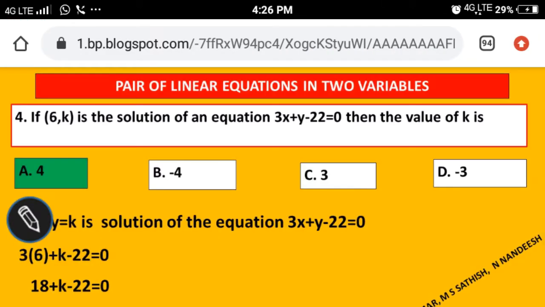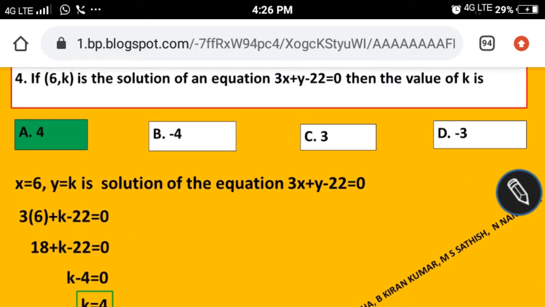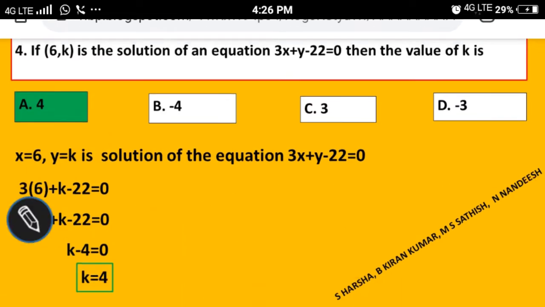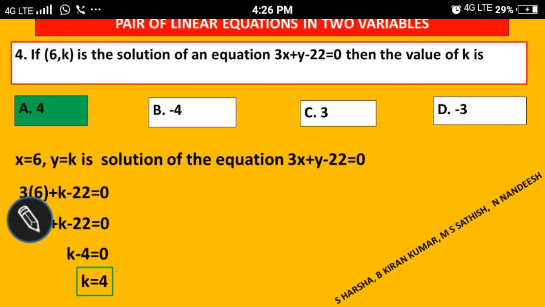So x equals 6 and y equals k, we have to substitute in the given equation, that is 3x plus y equals 22. 3 sixes are 18 plus k equals 22. So k equals 4. Option A is the correct answer.